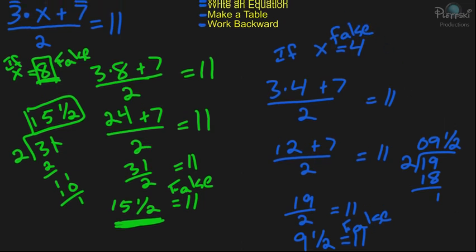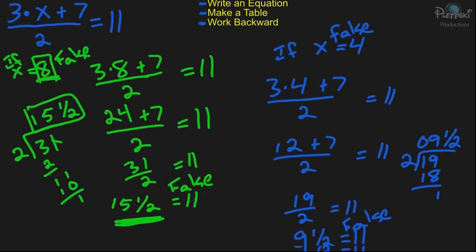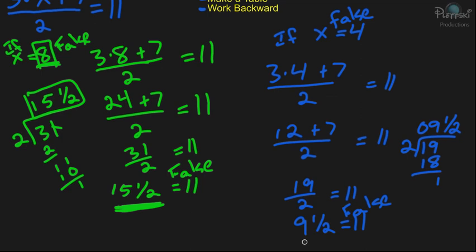Okay, so we tried 8. That was too large. We tried 4. And that was too small, right? 9 and 1/2 is less than 11. It's not equal to 11. It's less than. So 8 was too large. 4 was too small.